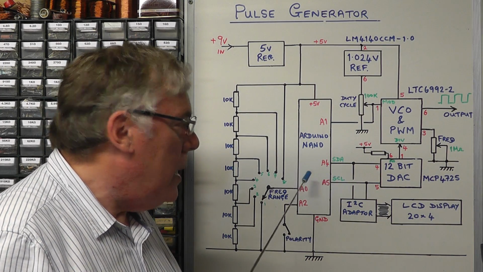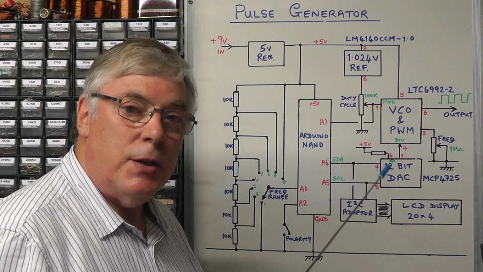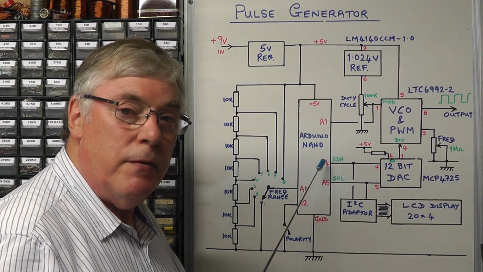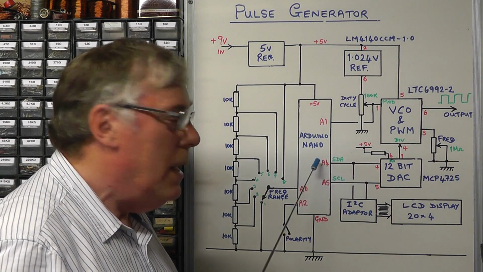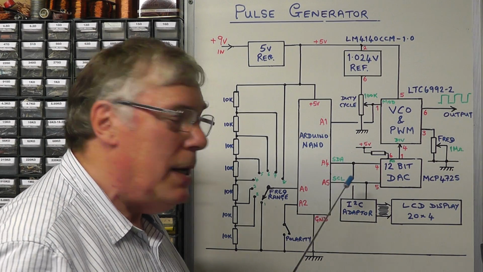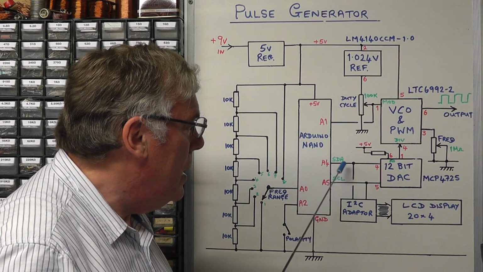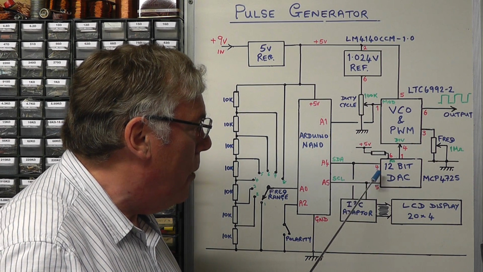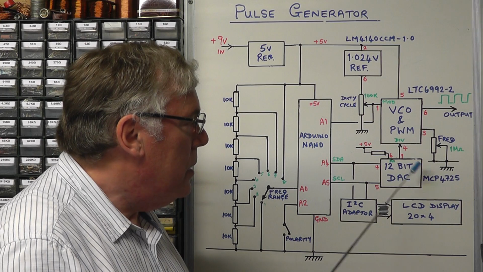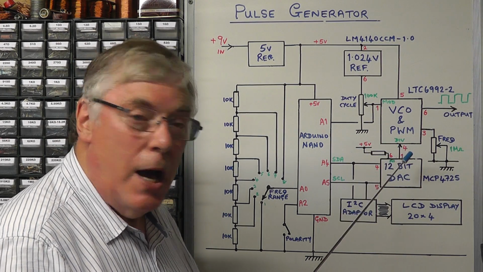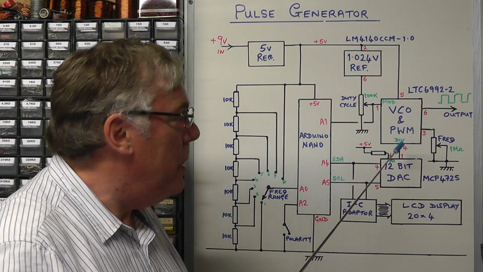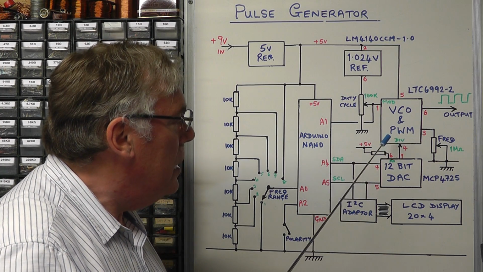Now, for the Arduino Nano to use the I2C bus, we utilize analog pins A4 and A5. A4 is the data pin and A5 is the clock pin, and it's those 2 pins that feed pins 4 and 5 on the DAC, which controls the output voltage that eventually comes out on pin 1 and drives pin 4 of the oscillator IC.